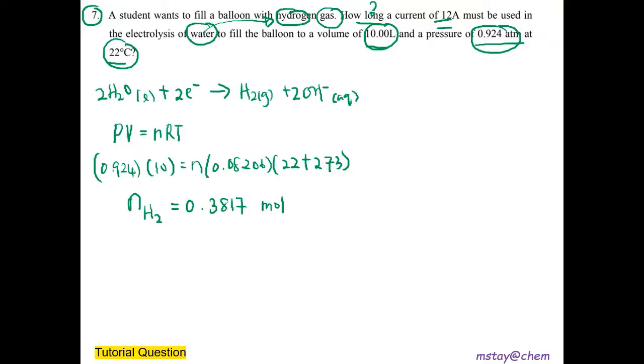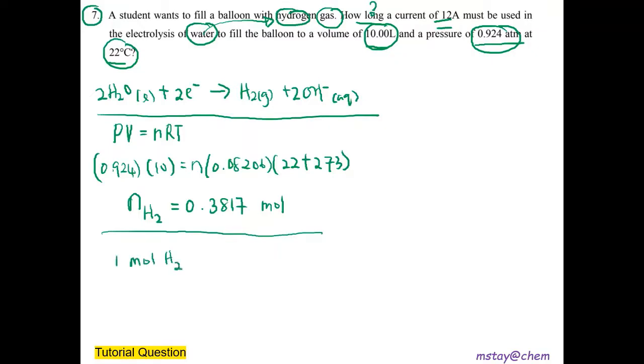So from there we know the moles of hydrogen gas. From the half equation, we have the idea that if 1 mole of hydrogen gas is produced, we need 2 moles of electrons. So now we are going to produce 0.3817 mole of hydrogen gas, and we need to find out how many moles of electrons are needed.